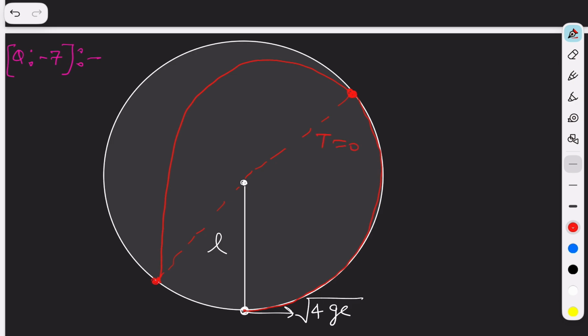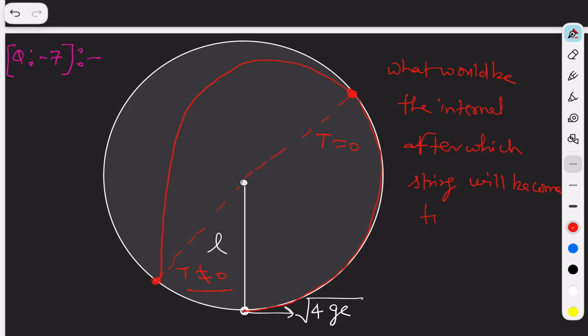What would be the time interval after which the string will become tight again? It's a good problem. You can try this problem by yourself, and if you get some answer, please let me know in the comments.